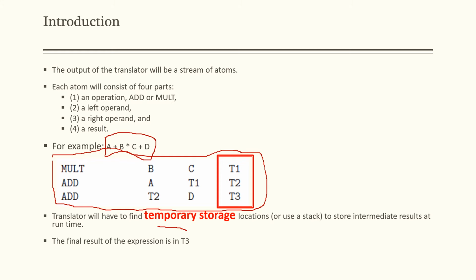After you have done the multiplication, you do a summation of A with the one that you stored in T1, which is the result of B times C. Then the result you store in T2, and then you add whatever is in T2 with D. So that is the step-by-step process to calculate A plus B times C plus D. This is the translator.